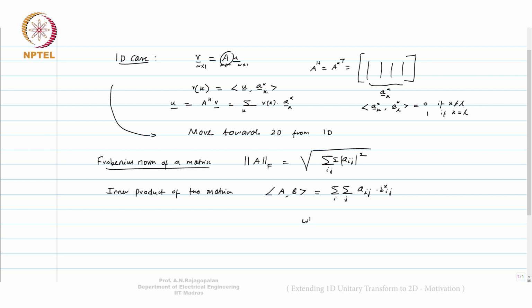Of course when A is equal to B, the inner product of A with itself is the Frobenius norm squared. Later we will also see what is called a spectral norm and all that, but right now let's be content with this, because this is what we need as we go along.